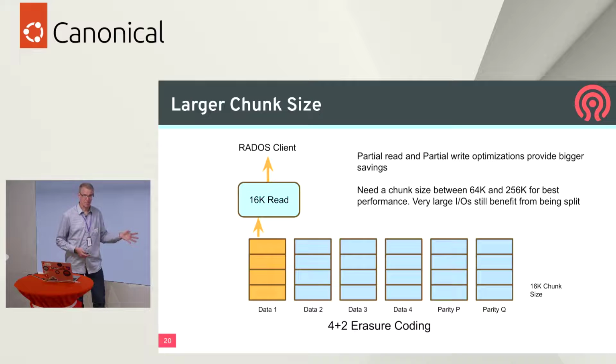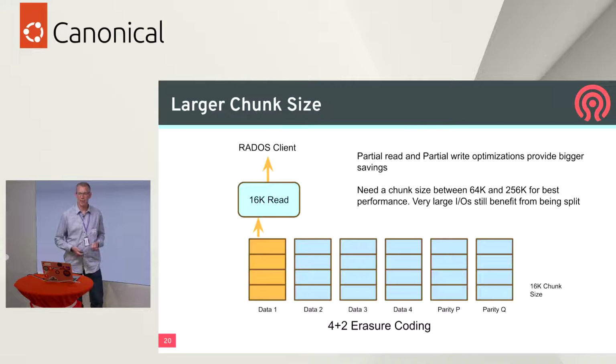So to make these optimizations work, we're looking at a bigger chunk size. There does come a point, when the chunk size gets big enough, where there is a benefit to splitting a really large IO up and issuing two halves of the IO to different devices in parallel. That in particular might help reduce latency.